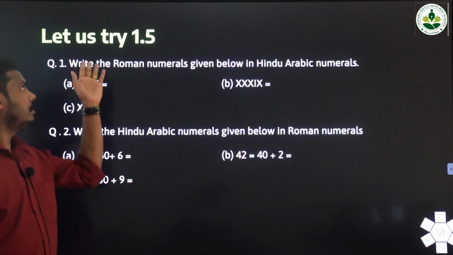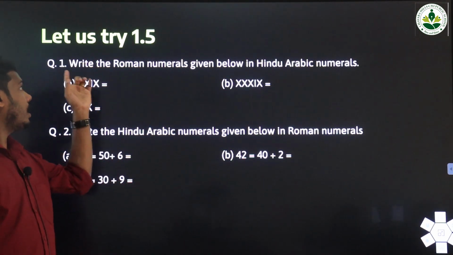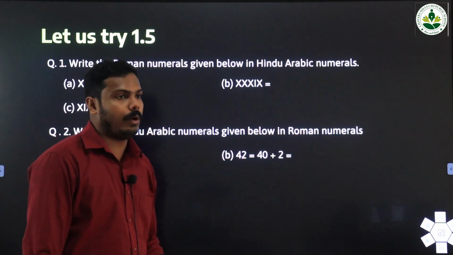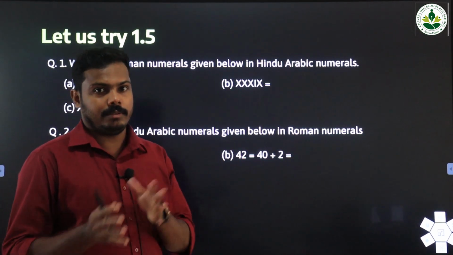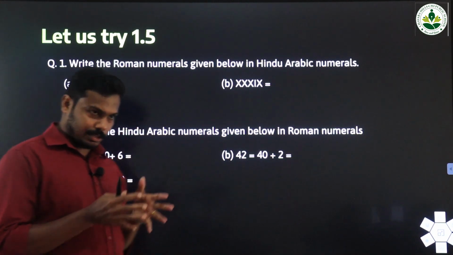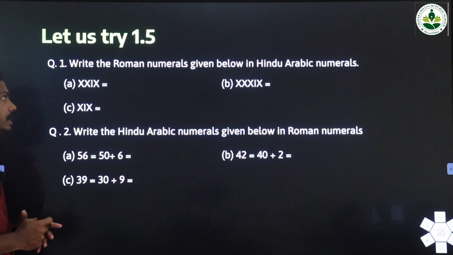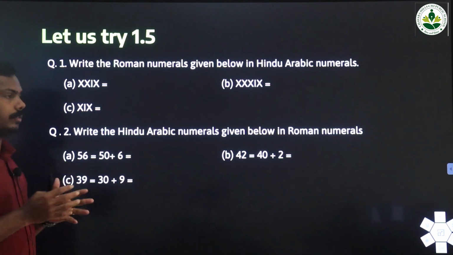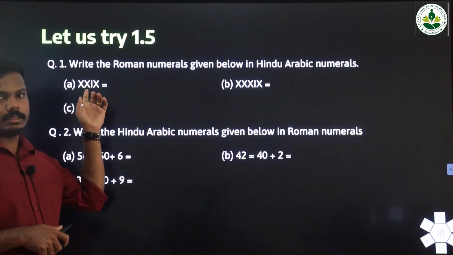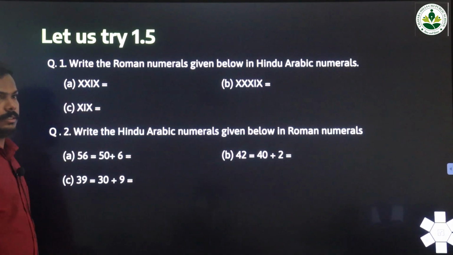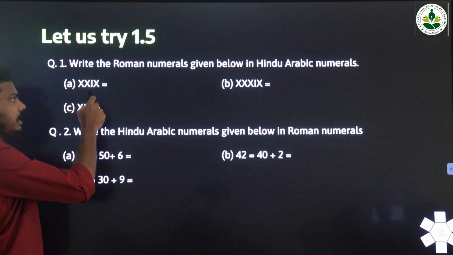Next one is, let us try 1.5. Write the Roman numerals given below in Hindu Arabic numerals. Hindu Arabic means the numerals we use in India. First one is XXIX. X plus X, 10 plus 10, 20.